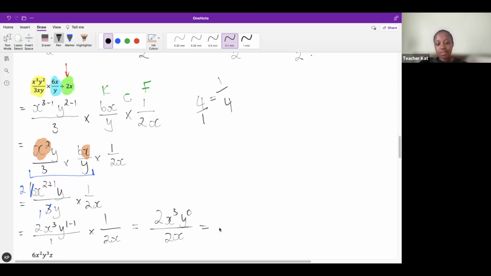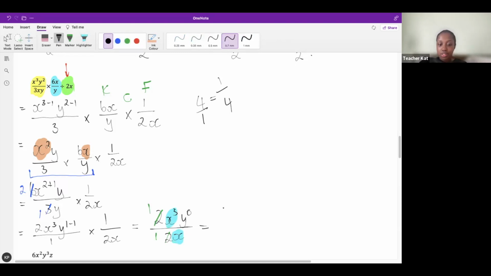And now we're on our final step of division. We have a 2 at the top and a 2 at the bottom that we can divide into each other. 2 goes into itself how many times? Once, and again once. And now we have an x cubed and an x over there.